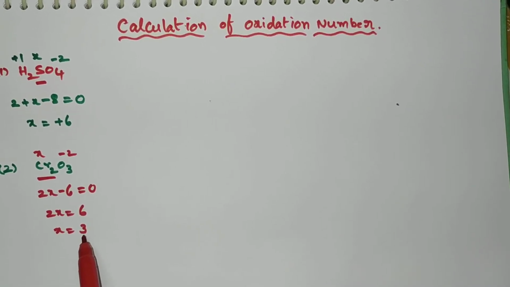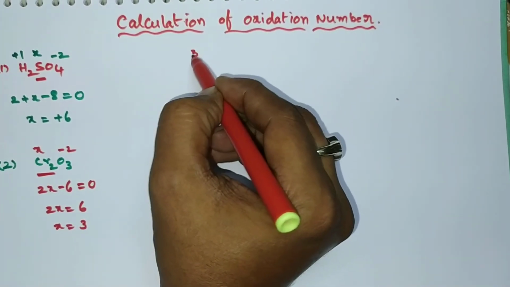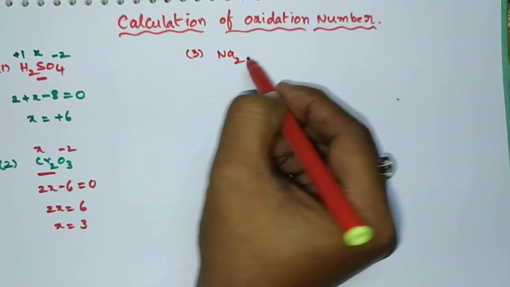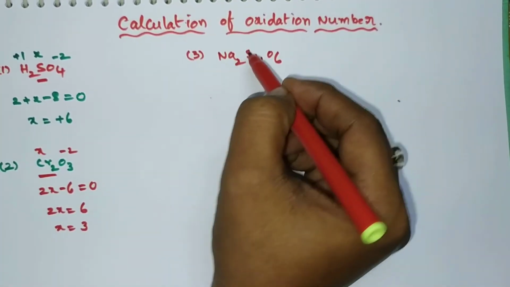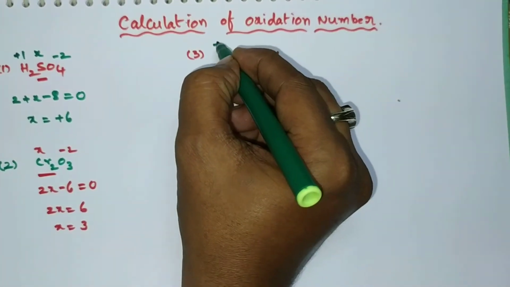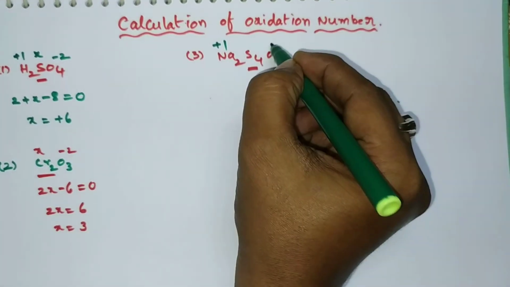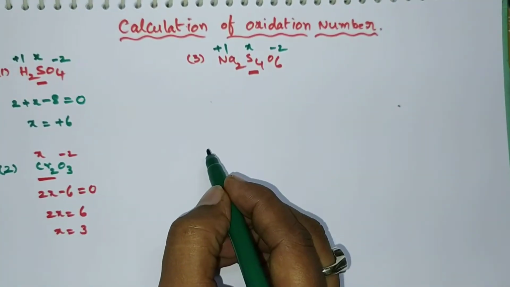Suppose you consider the next one, Na2S4O6. Here we have to calculate the oxidation state of sulfur. Sodium belongs to the first group, so +1. Oxygen exhibits -2 oxidation state, and sulfur is x.